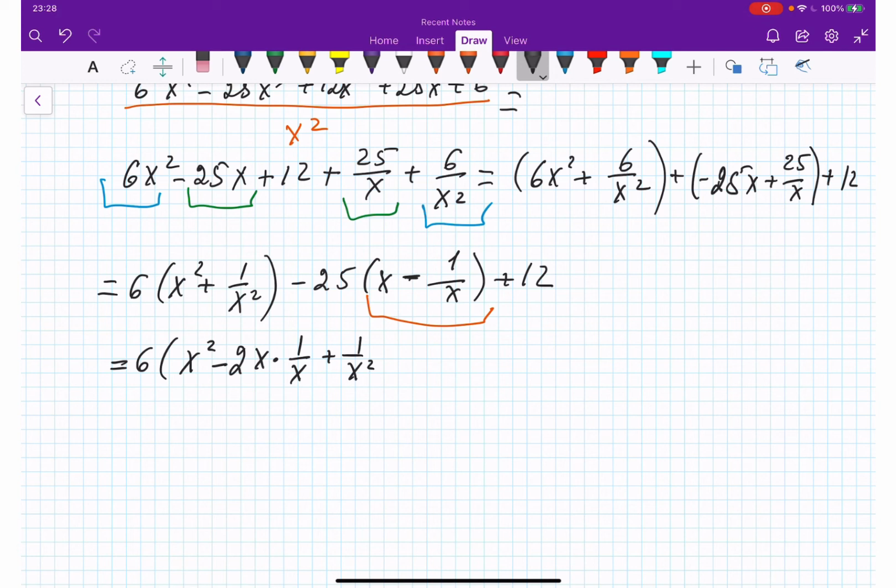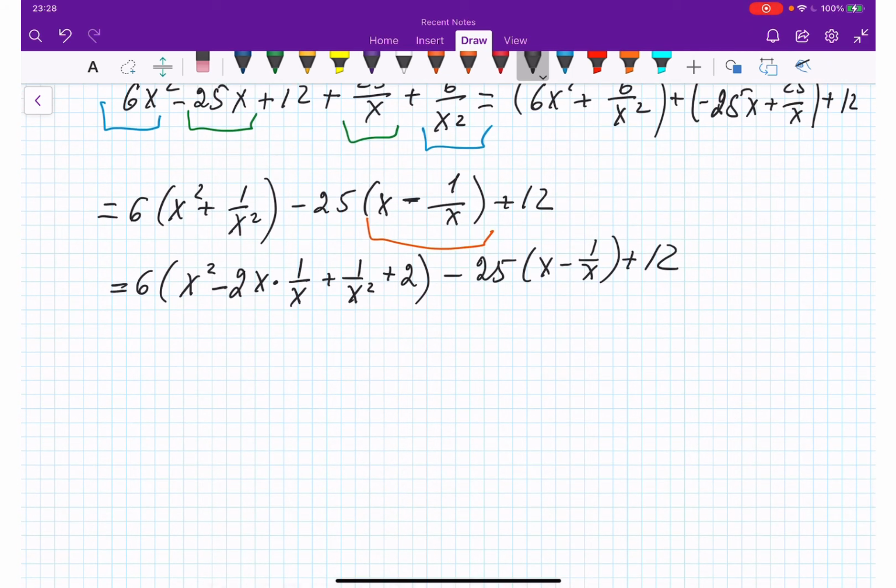So since I did minus 2, I have to do plus 2 also, right? And minus 25x minus 1 over x plus 12. So I'm getting rid of this 2 because I need to complete the perfect square. So 6 times 2, I distribute is 12 and taking out.